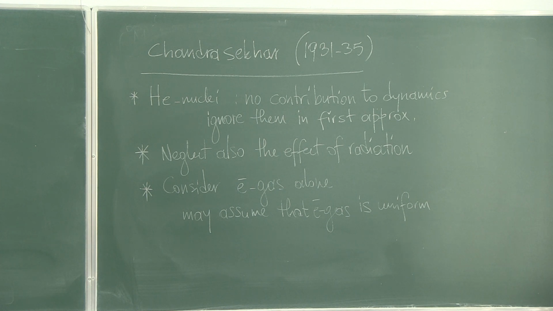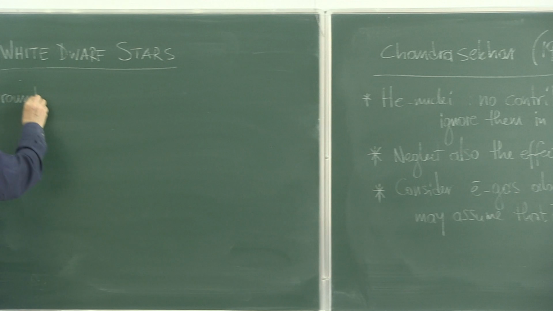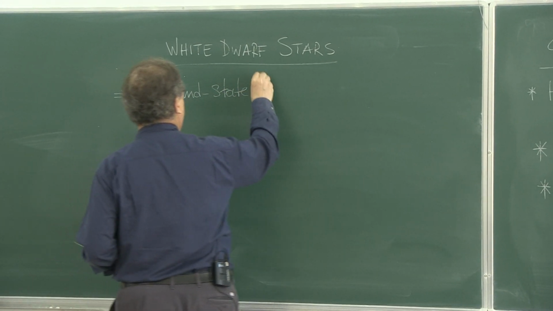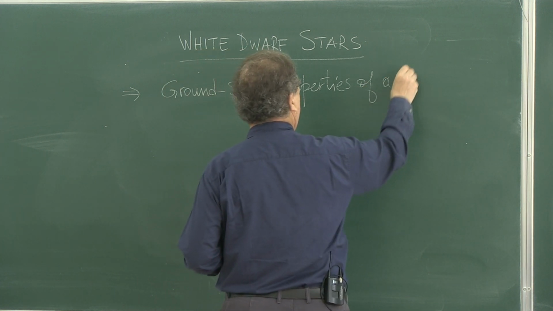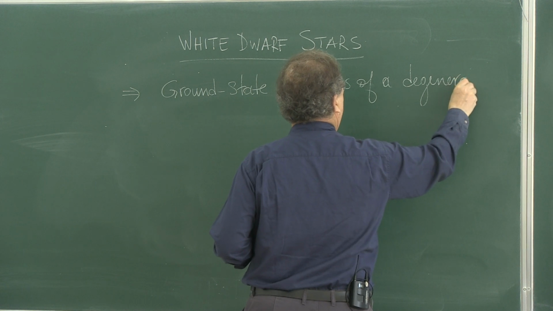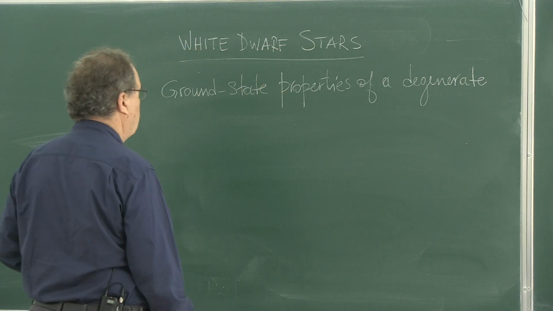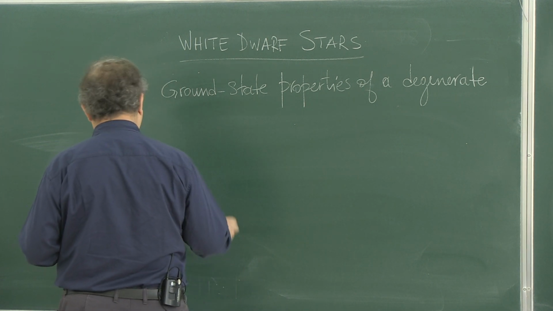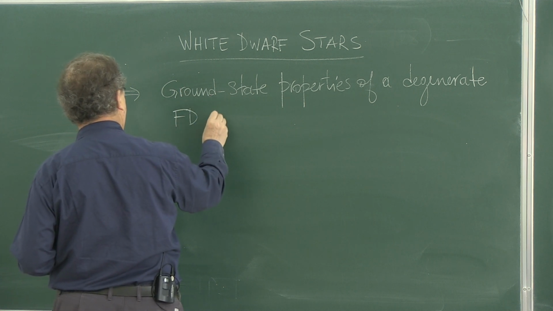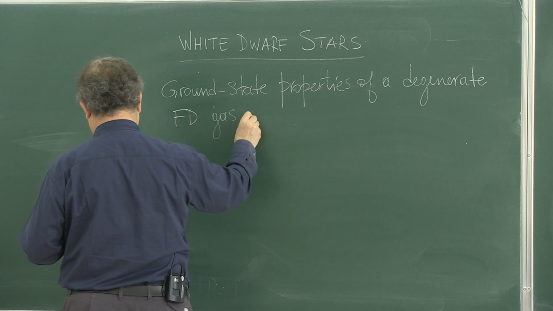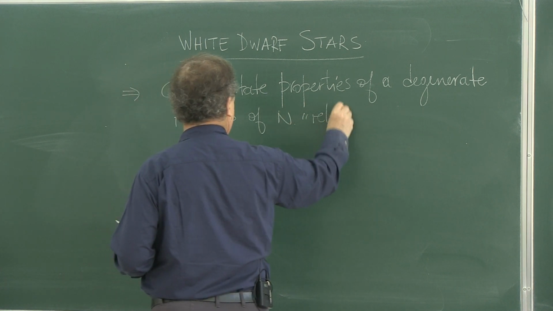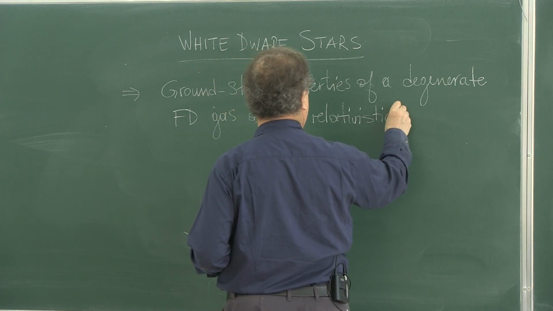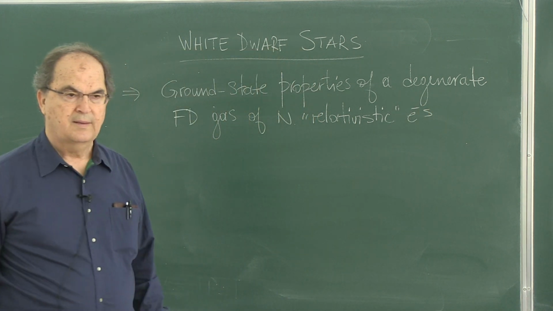To study a white dwarf star, we have to study the ground state properties of a degenerate, that means at T equals 0, degenerate Fermi gas or Fermi-Dirac gas of N relativistic electrons. That is our problem, isn't it?